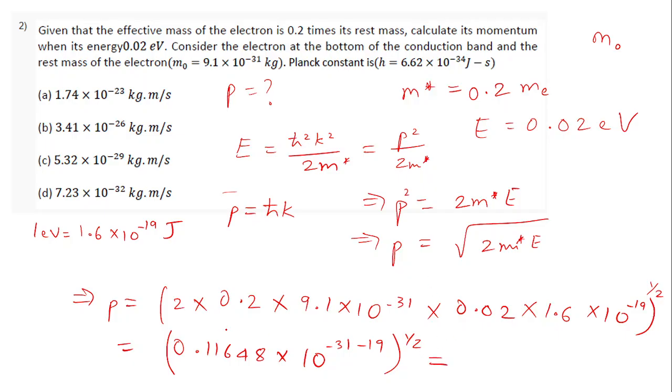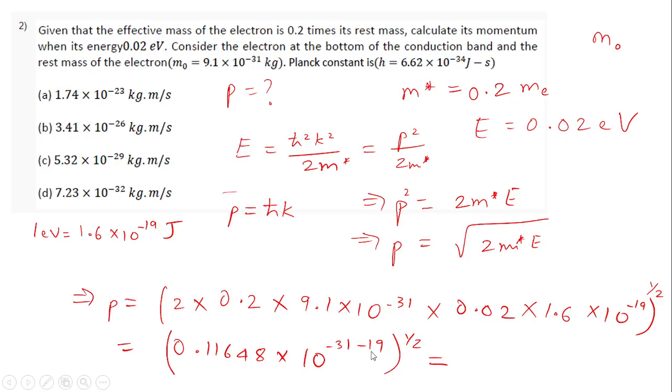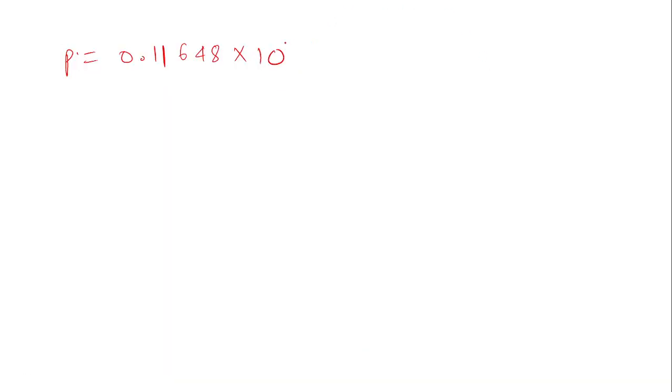So we have momentum is equal to 0.11648 multiplied by 10 to the power minus 50, and this whole square root we have to take.